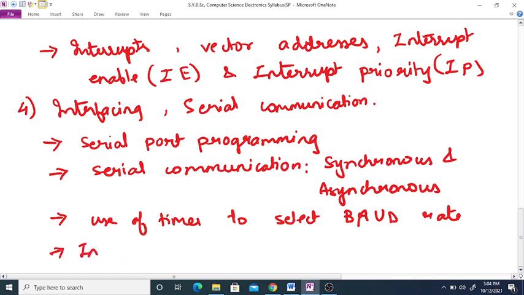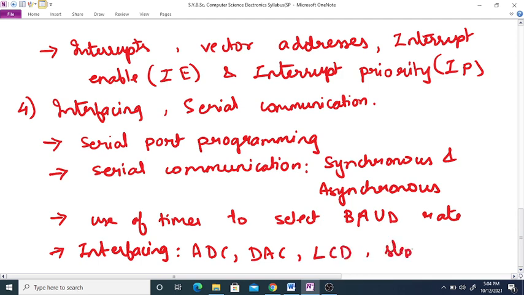Then next, interfacing. We are going to see ADC, that is analog to digital converter, DAC, digital to analog converter, LCD, liquid crystal display, and stepper motor.